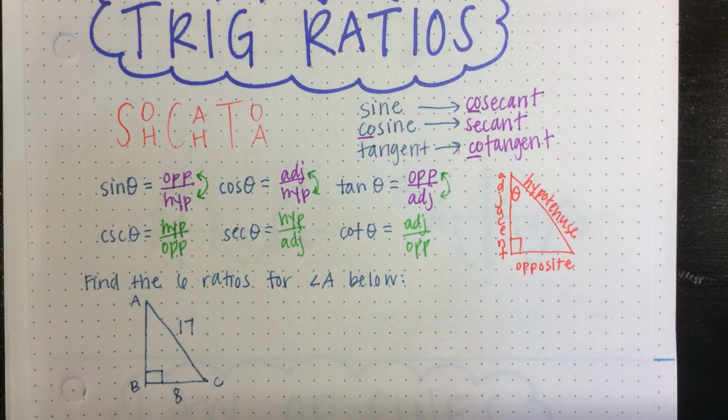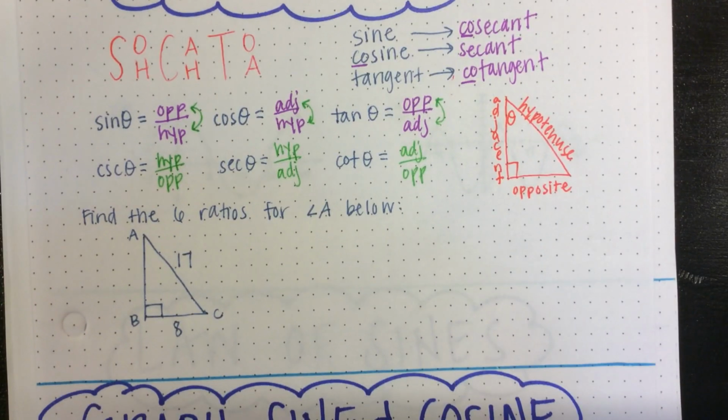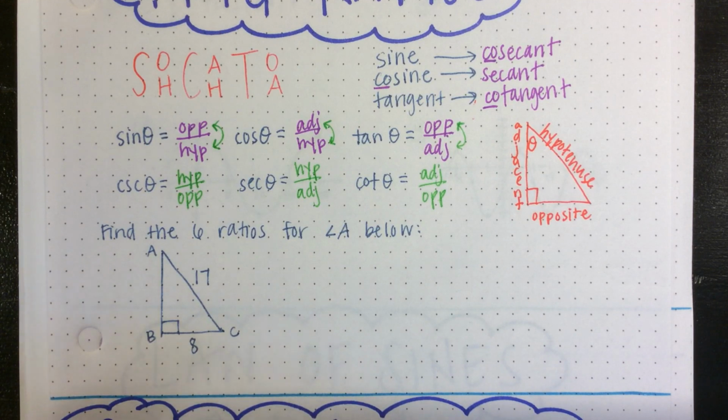So it's all about the triangle and working with an angle right now in terms of getting our ratios. For example, let's find the 6 ratios for the angle A below. For starters, I'm only given 2 sides of this right triangle, so the first thing we have to do is find the missing side.